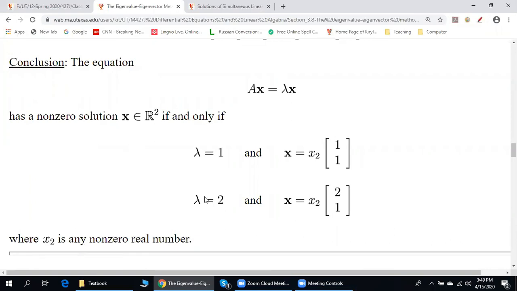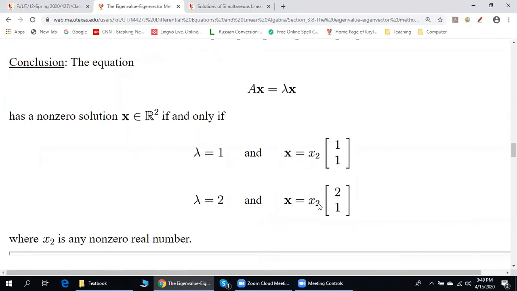And then for each eigenvalue, we have the corresponding eigenspaces. Eigenspace number 1 and eigenspace number 2, where now instead of x2, we can plug in any number, 0 or non-zero. Questions here?